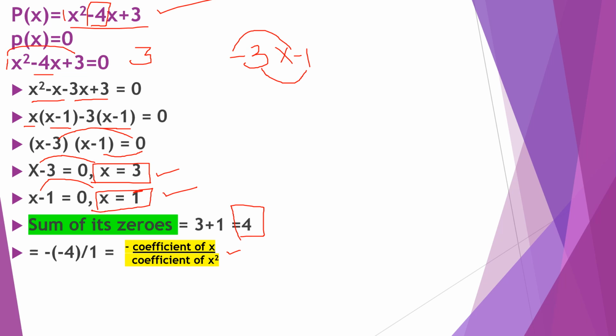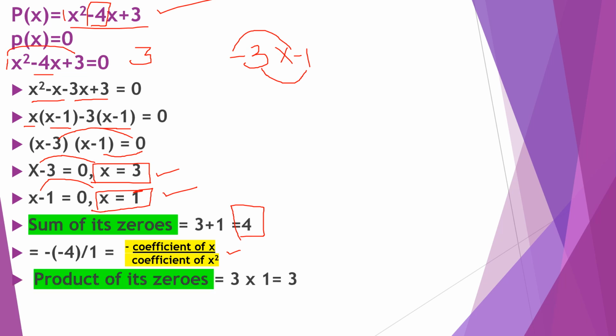Now we are done with the sum. What will be the product? What is 3 into 1? It is equal to 3. Now what will be the formula for the product of the zeros? It is equal to the constant term divided by the coefficient of x square. We are going to check this in this equation.